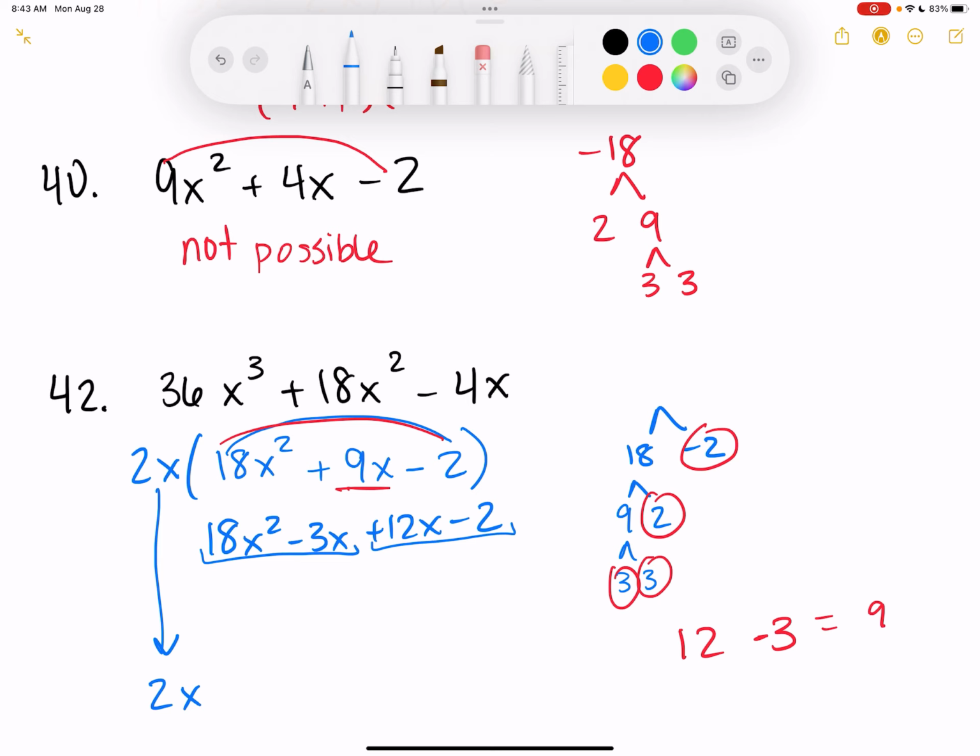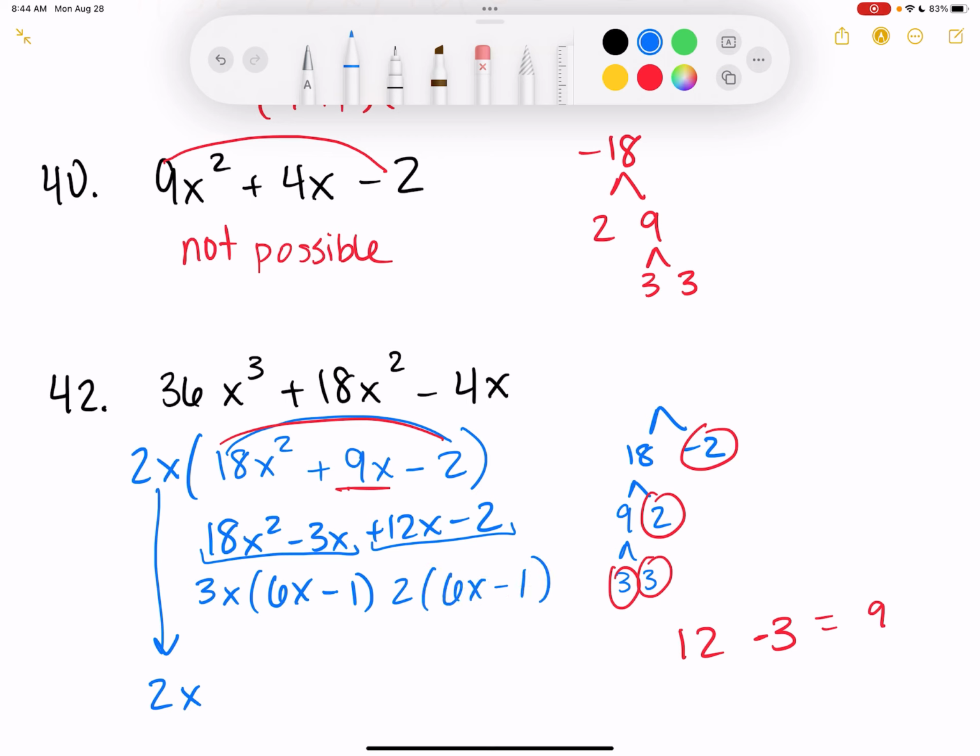So what do I take out of this first group? 3x. So 3x leaves me with 6x minus 1. And what do I take out of the second one? So that leaves me with 6x minus 1.